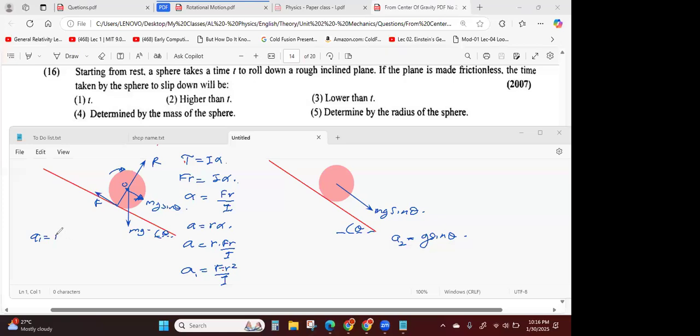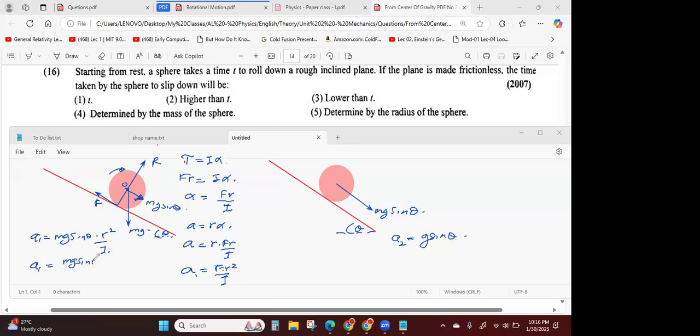So A1 equals mg sine theta times r squared over I, and you can simplify this further.